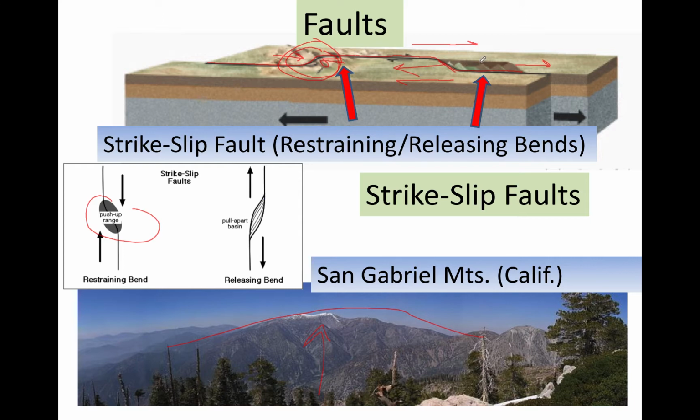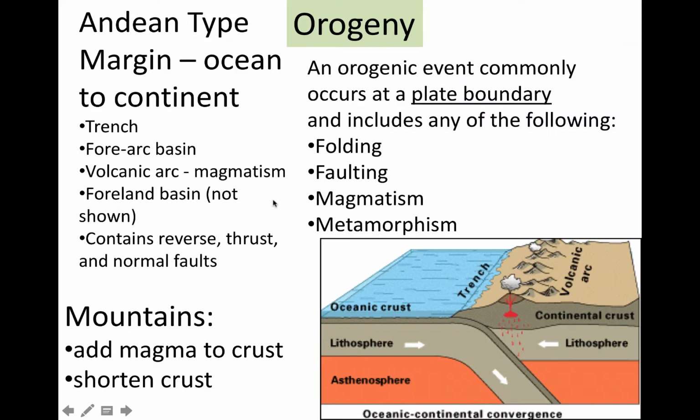You'll get lots of normal faults, horsts and grabens, sag ponds, and those kinds of structures. Pull-apart basin is sometimes also what it's called, associated with the strike slip fault.